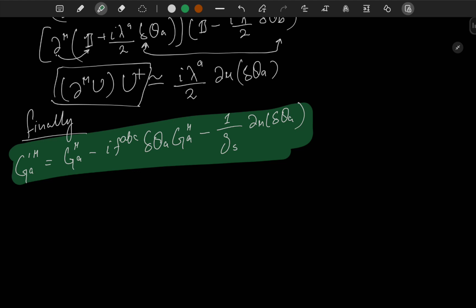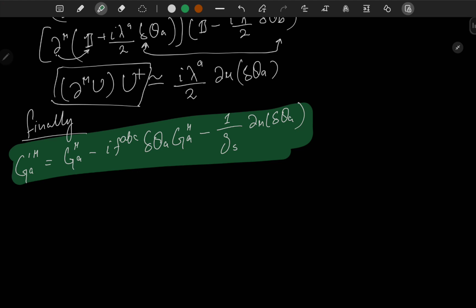But here, due to the non-abelian nature of SU3 group, we are seeing the self-interaction terms among the field itself. So yeah, this field is the gluon field, and yeah, gluons are going to self-interact, which we did not see in case of QED.